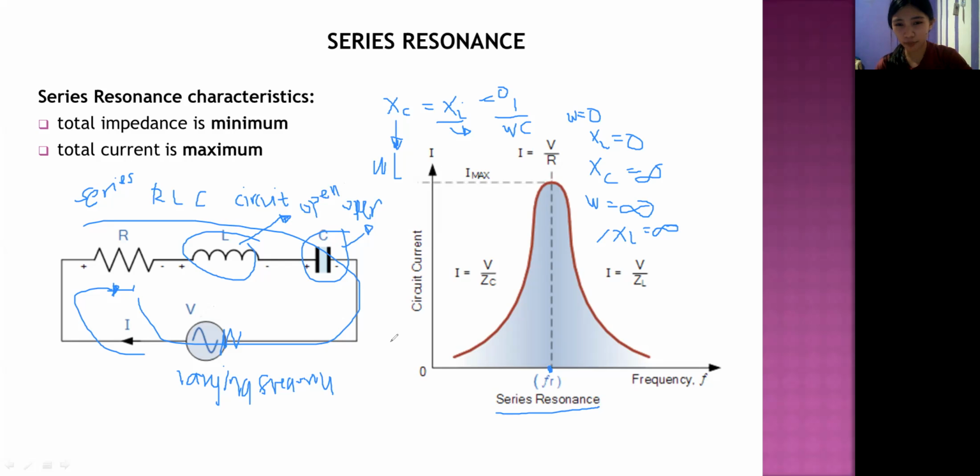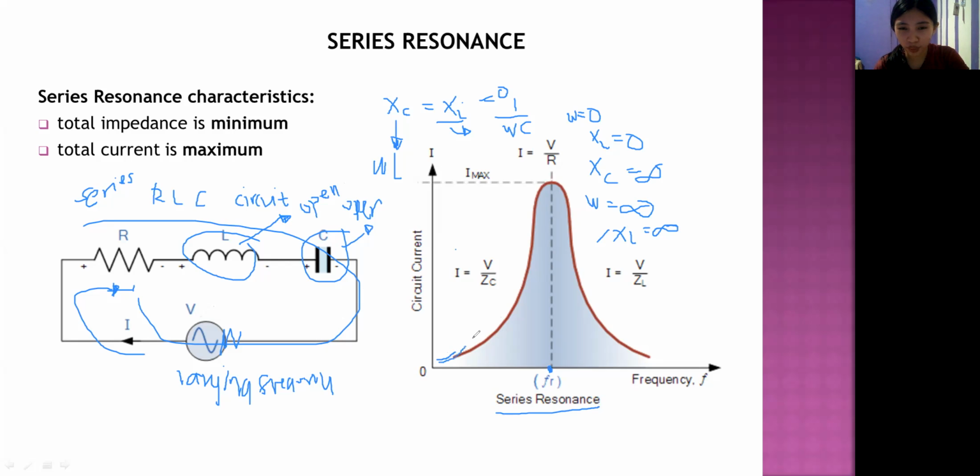It can be clearly seen in the graph: if the frequency is at its minimum point, there will be no current flowing.